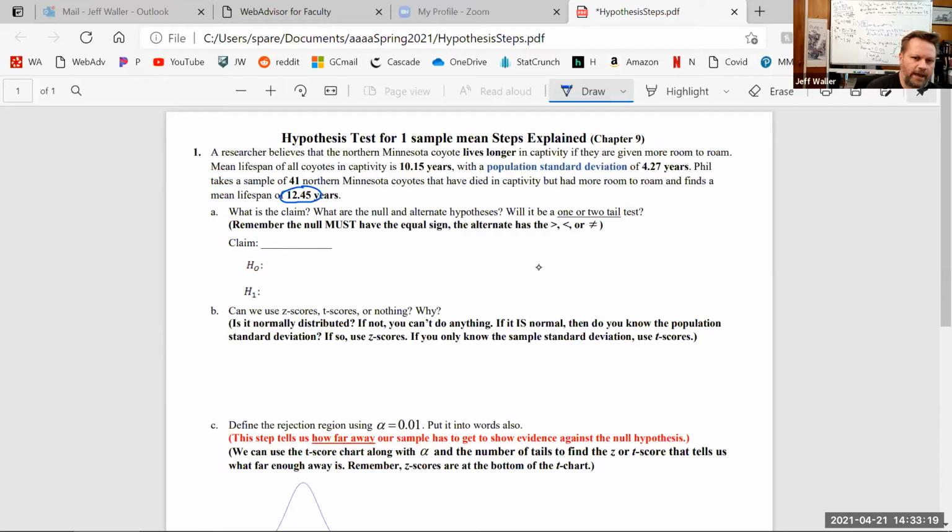We think that the average time the coyotes live, if given more room to roam, is longer. So we think that their average should be bigger than what?